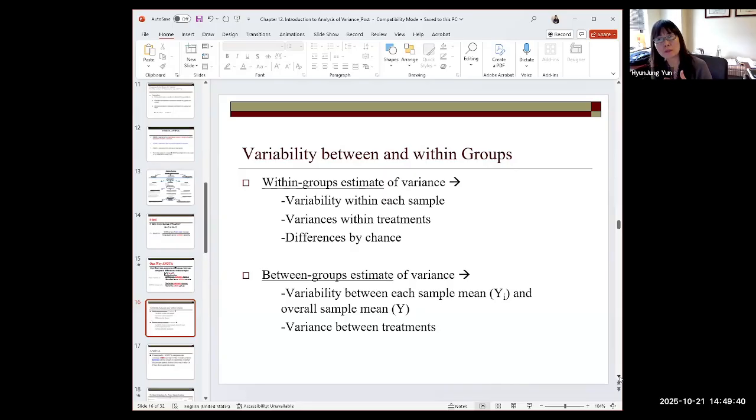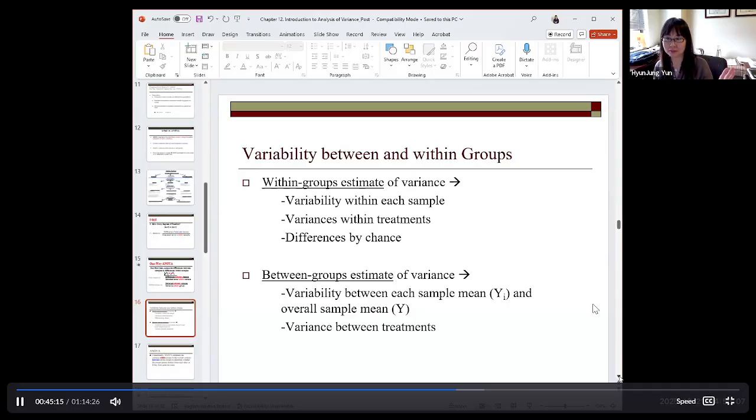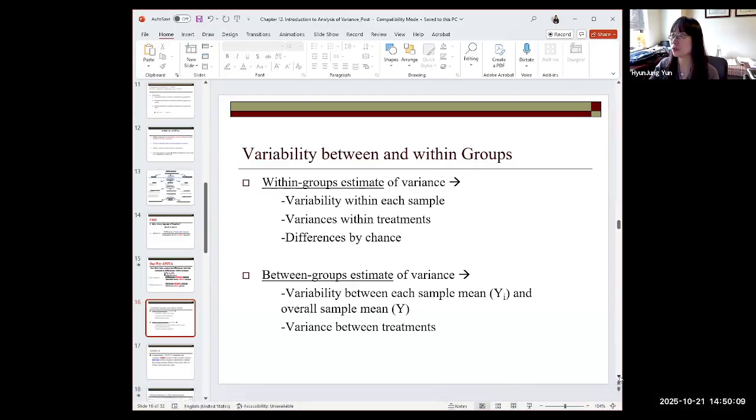Let's make sure there are some group differences beyond any error by chance, which is what we put as the denominator. I'm sorry, yes, the numerator is what you are testing. What you want to see as the changes and differences. Within group estimates go to the denominator, just to control those errors.